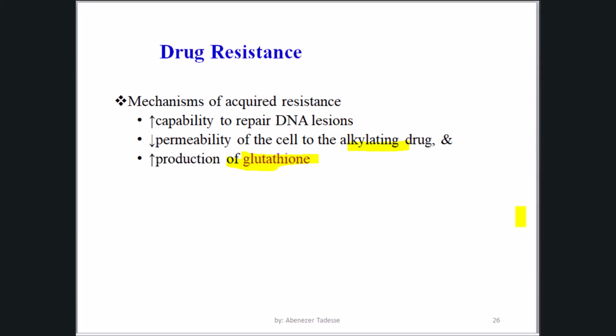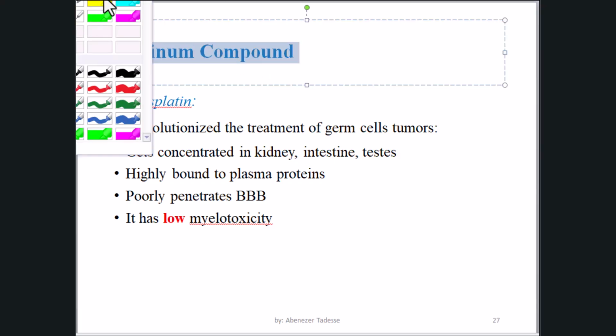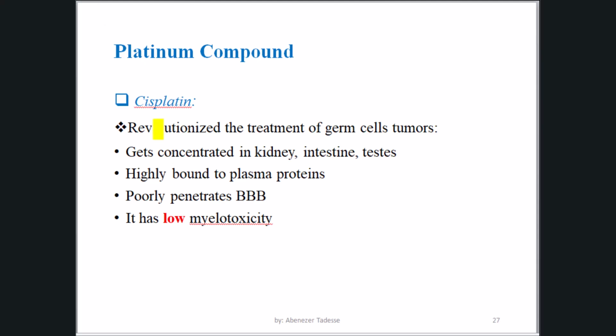The other drug class is platinum compounds. The first one is cisplatin, which can be used in the management of various cancers like germ cell tumors, such as ovarian or testicular carcinoma.